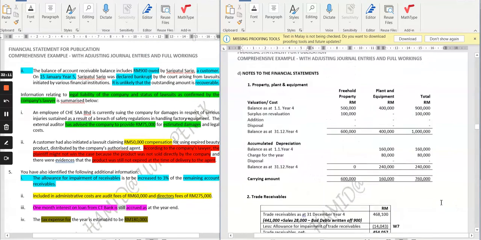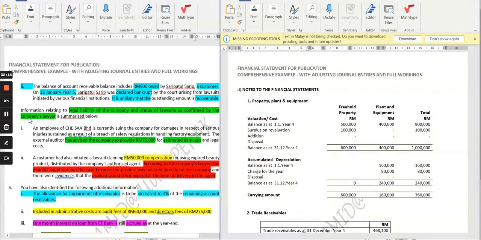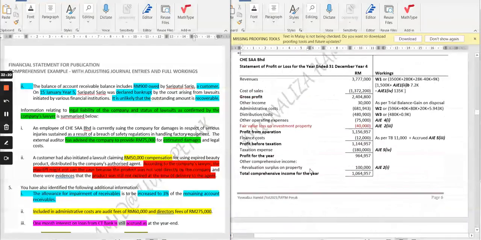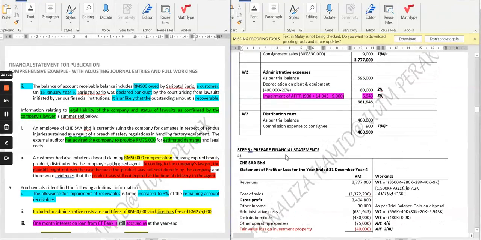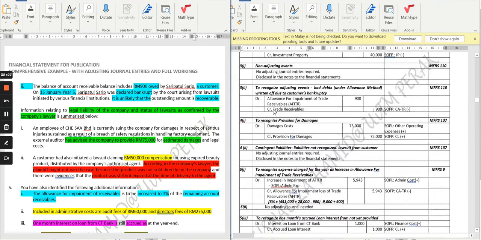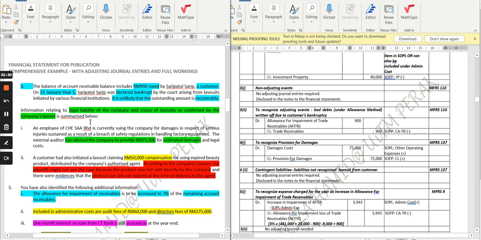Okay, done. Let's look at the information number 4, 1 and 2. For 1 is on provision because there is a legal liability and the lawsuit was confirmed by the company's lawyer, so there is a present obligation, and there was also a reliable estimate, 75,000.